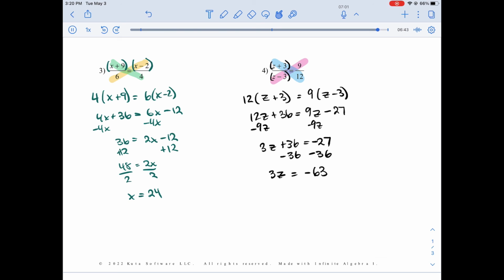Negative 63 divided by 3 is negative 21. So there are your answers.